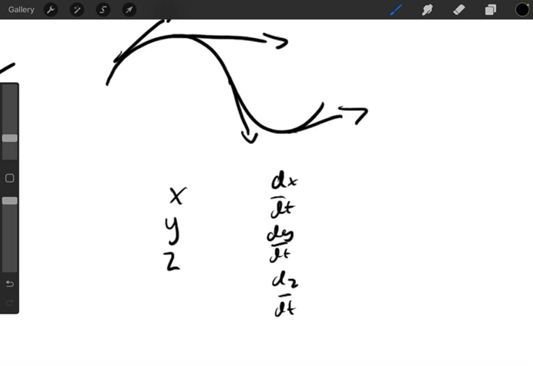So you'll get dx over dt in terms of t, dy over dt in terms of t, and dz over dt in terms of t. And if you're looking for your slope vector at a given point, all you have to do is plug in that value for t, and you'll get your slope vector at that given point.